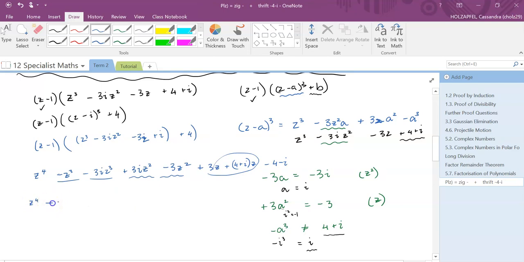If I put a negative out the front here, I'm going to end up with 1 plus 3iz cubed. If I put a positive out the front here, that will end up with 3i minus 3z squared. Now, if I put these in here, that's going to be 7 plus iz minus 4 minus i.